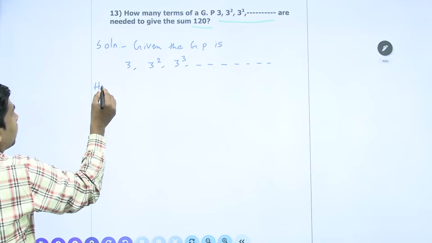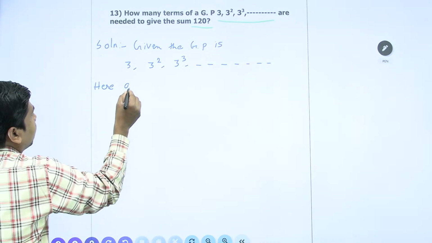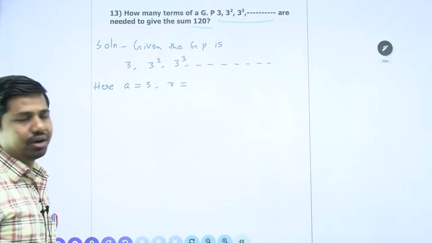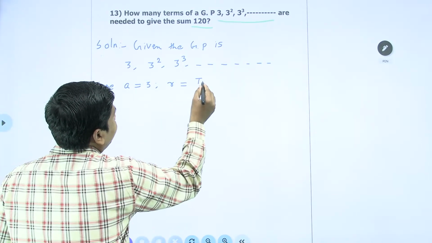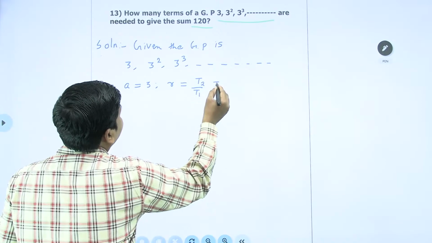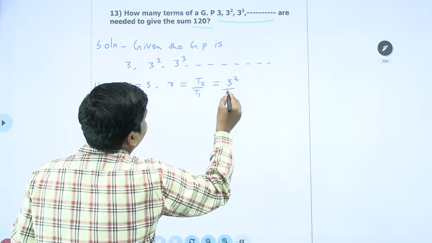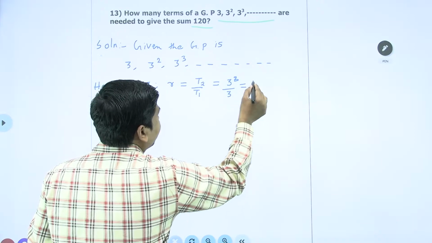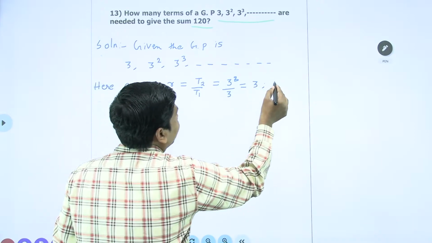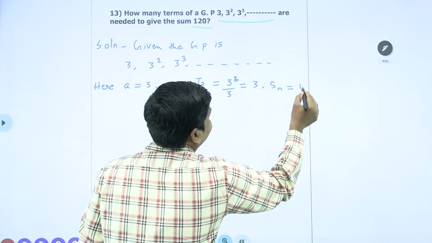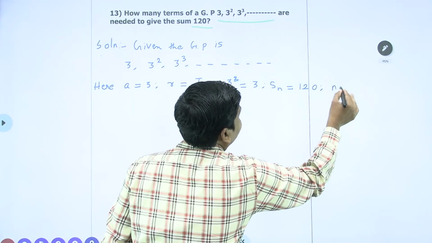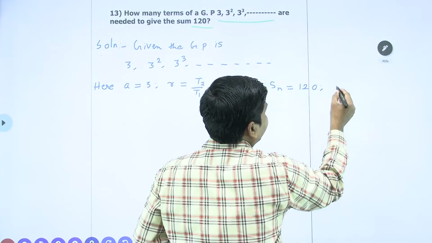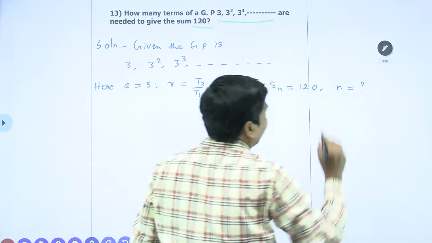Here A is equal to 3, and the common ratio is T2 by T1. T2 is 3 power 2 by 3 power 1, which is 3. And that 120 indicates Sn. Sn is equal to 120. What you have to find is the number of terms, that is, n is the question mark for us.